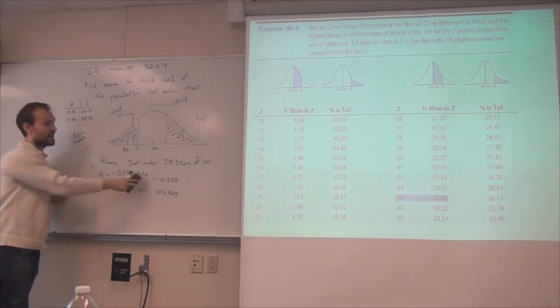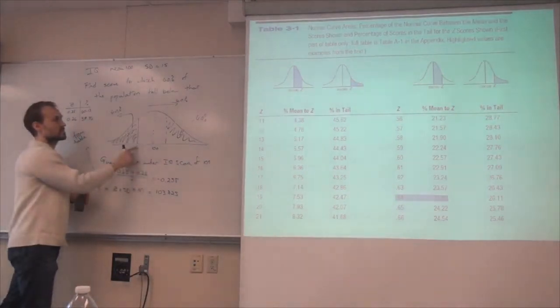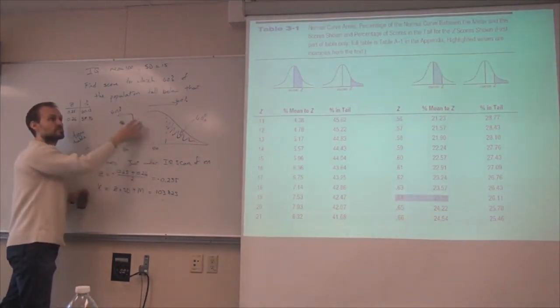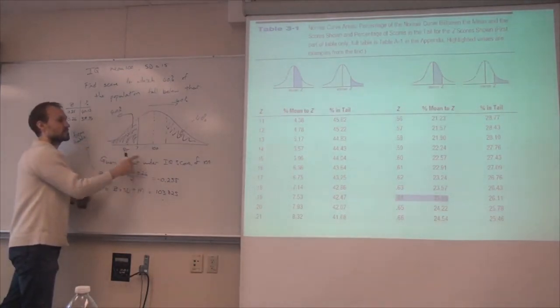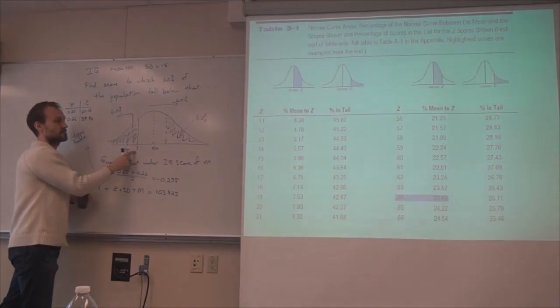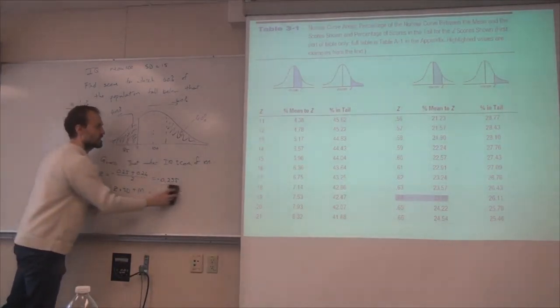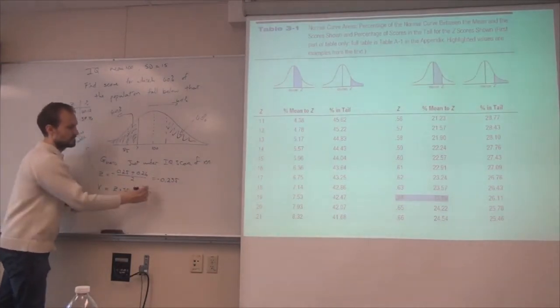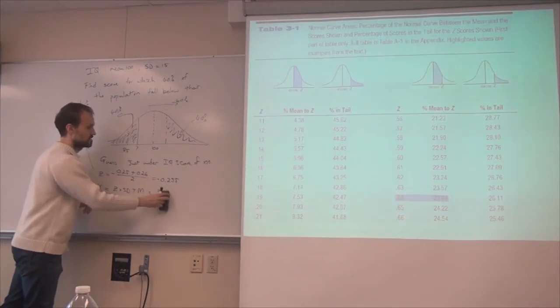So with that in mind, the z-score that I want, according to my diagram, which emphasizes why it's so important to visualize what's happening, is negative 0.255. Just off 0, just to the left of 0. So what do I get then? 96.18.